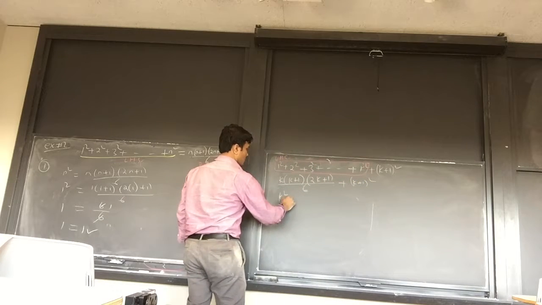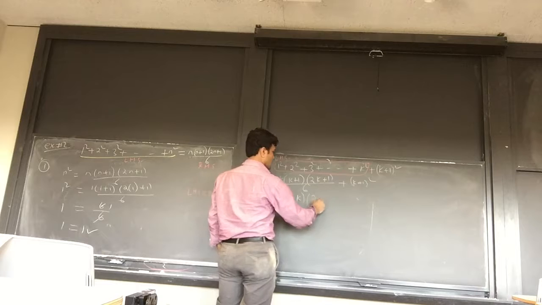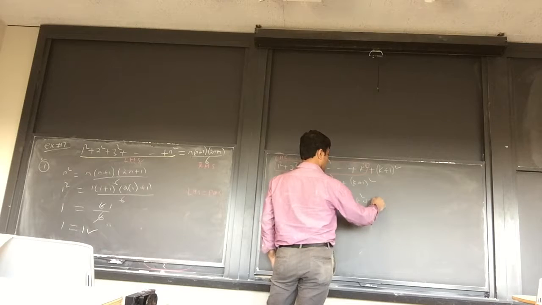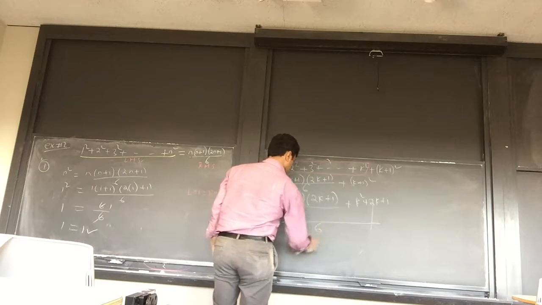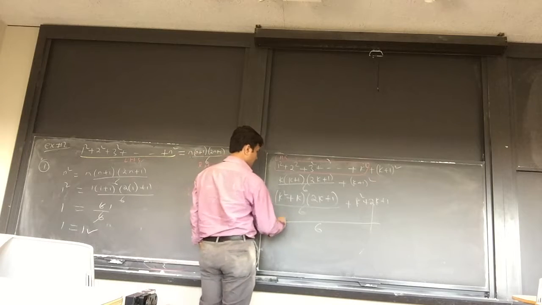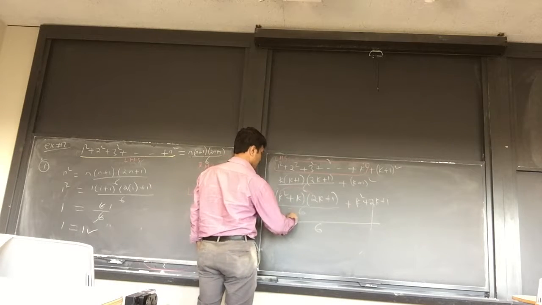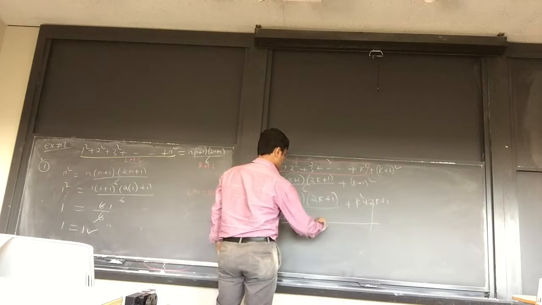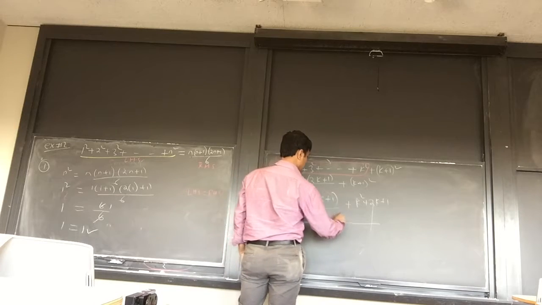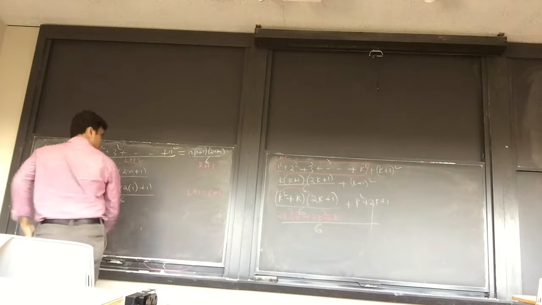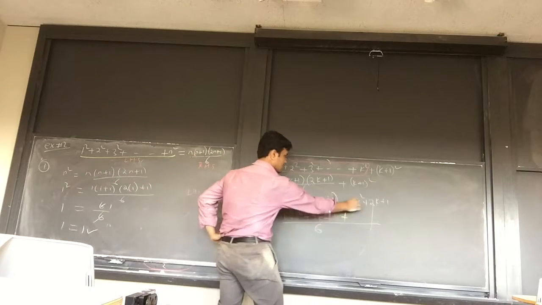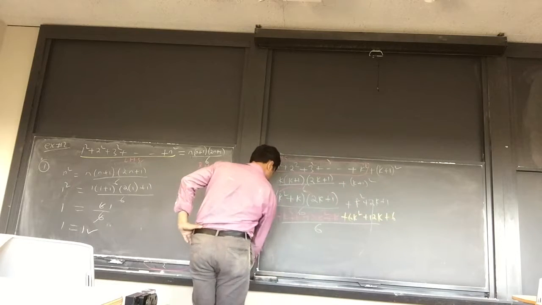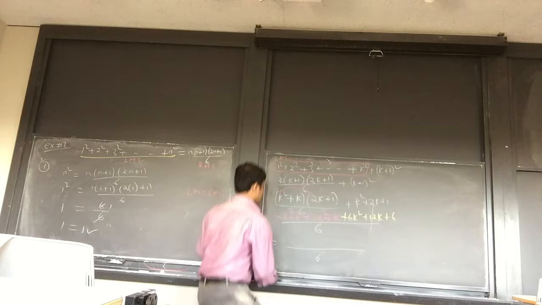So this is k(k+1)(2k+1)/6 plus k squared plus 2k plus 1. Expanding, we get 2k cubed plus k squared plus 2k squared plus k, plus 6k squared plus 12k plus 6.